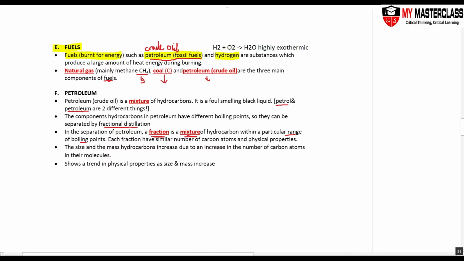Each fraction has similar numbers of carbon, which results in similar physical properties. The size and mass of hydrocarbons increase with an increase in the number of carbon atoms, and this results in a trend in physical properties, which we will see and explain moving forward.